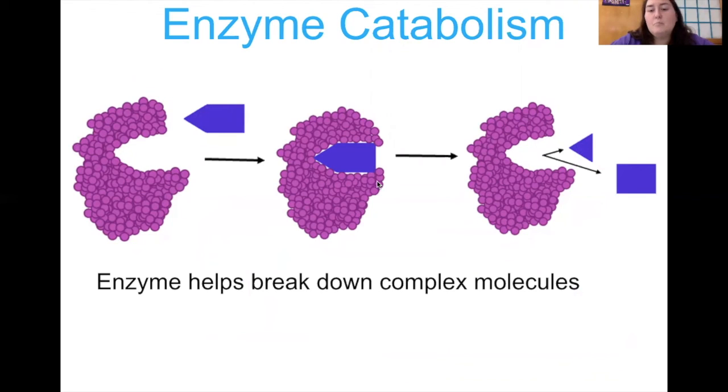The enzyme is going to break down those molecules that bind to it. Here we see a sideways house-looking substrate. It's going to bind to our enzyme, but the product is just the house broken apart into a triangle and a rectangle. This is enzyme catabolism.